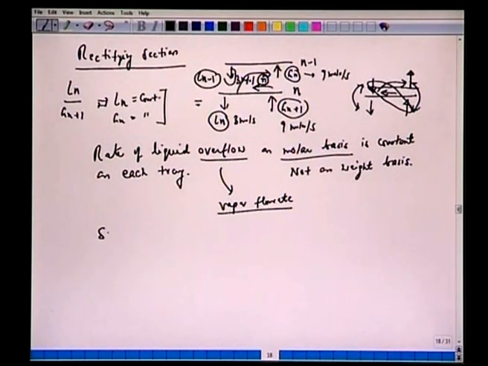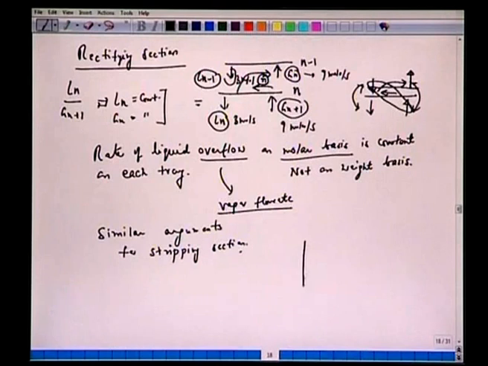We can make a similar argument for the stripping section. Even in the stripping section, if we choose a plate, say we give the nomenclature M, and we have M plus 1, counting from the top, we have the same argument.